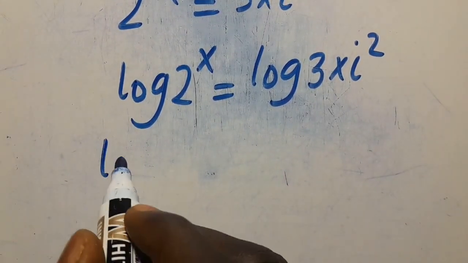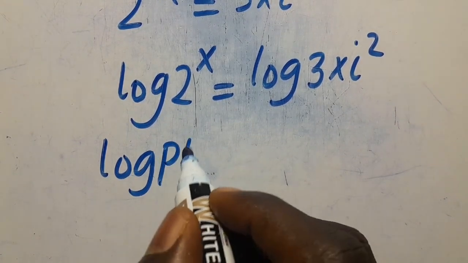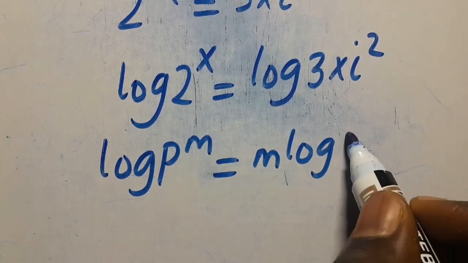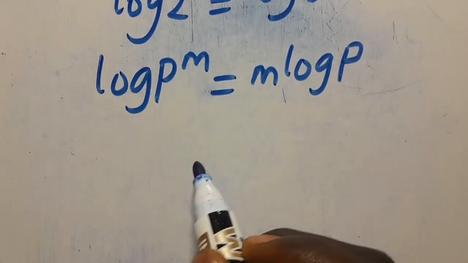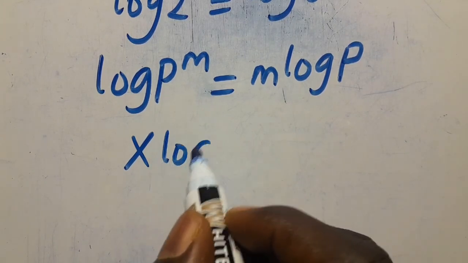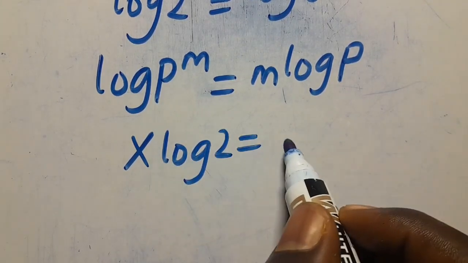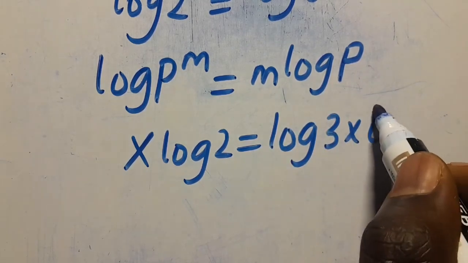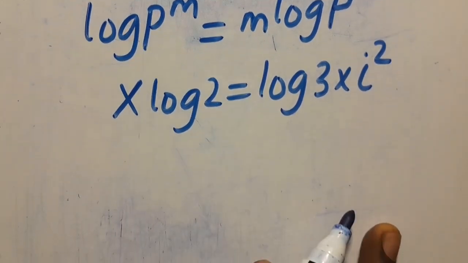Recall that when you have log p to the power of m, this power m will come down as m multiplied by log p. So here will be x multiplied by log 2 equals log 3 times i square.